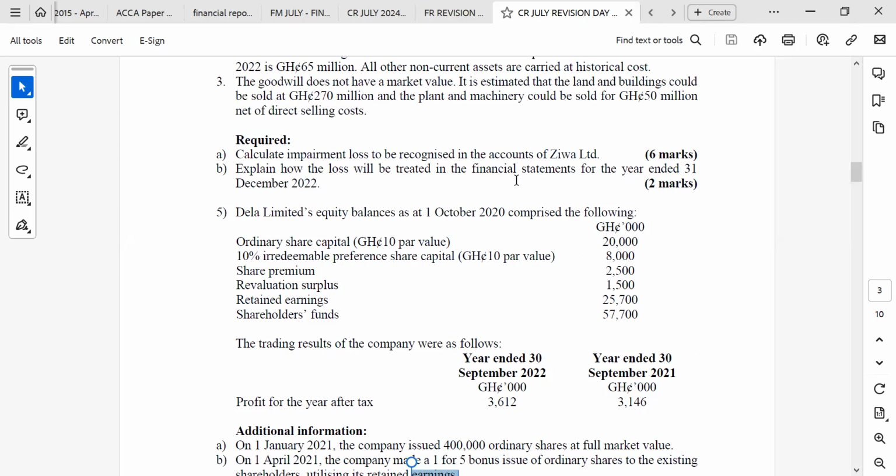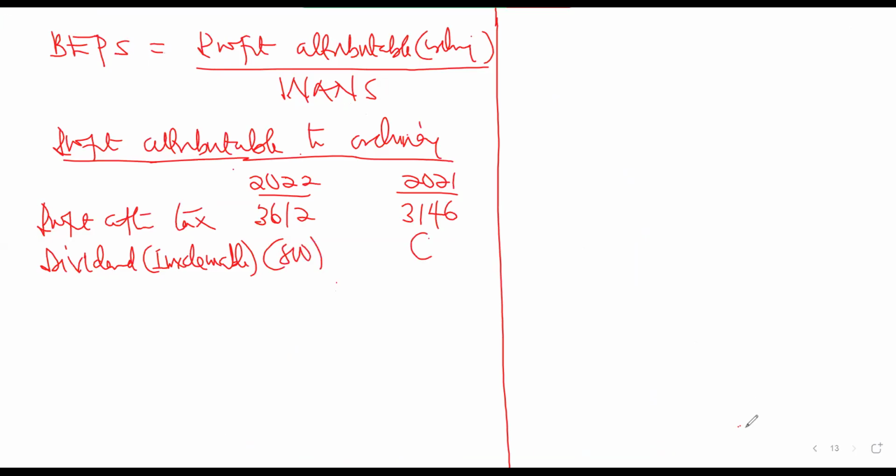We take 800 from this and 800 from this. For 2022, I'm having 2812, and for 2021, 3146 minus 800 gives 2346. What we have to calculate now is the weighted average number of shares.